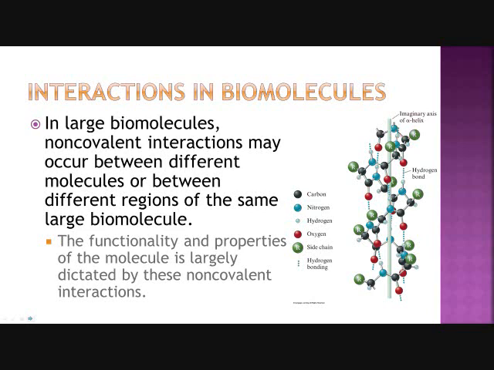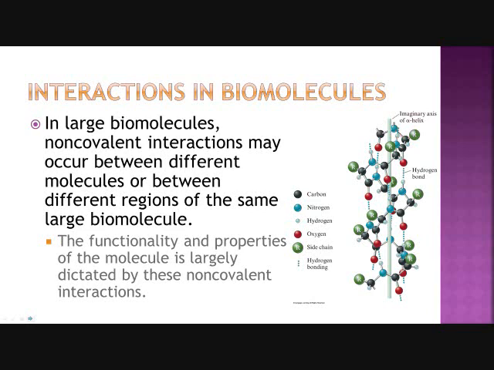But in large biomolecules, non-covalent interactions may occur between different molecules, or even between different regions of the same molecule. So with protein structure, a protein will fold upon itself. Like all the proteins I have from Science Olympiad, that's all the same thing. The reason it's folded together is because of the interactions between the different parts of that protein.